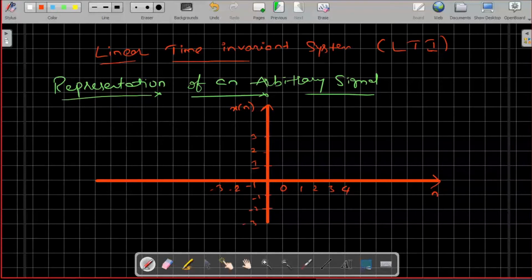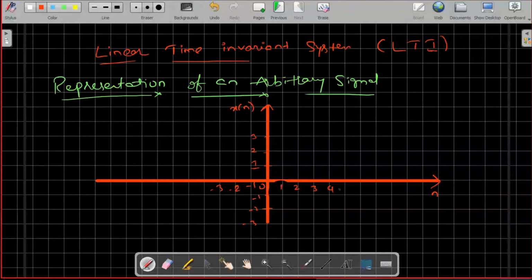Okay, now let us take the values at the x-axis. This is the origin, 1, 2, 3, 4 and 5.